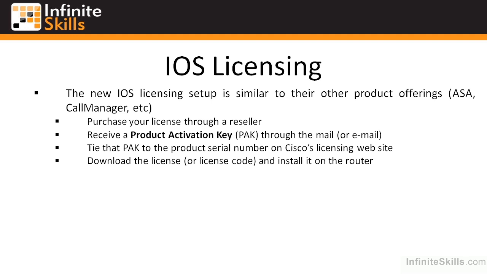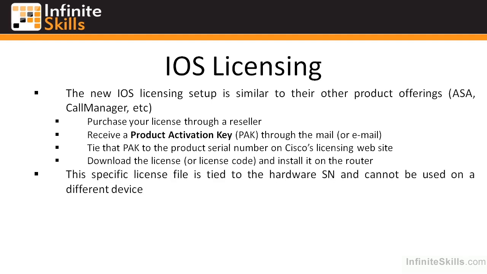Then you download the license or the license code and install it on the device. This method of licensing ties a particular license to a particular hardware serial number. So if you have a license code or a license file, you can't take that single license file and run it on every router in your enterprise. It's tied to that one specific piece of hardware.